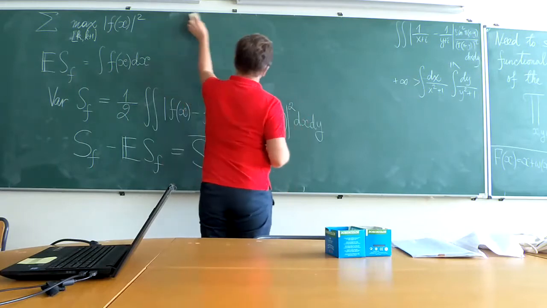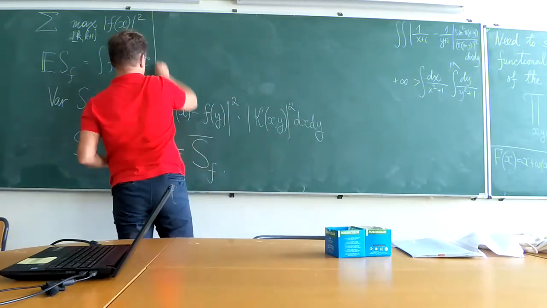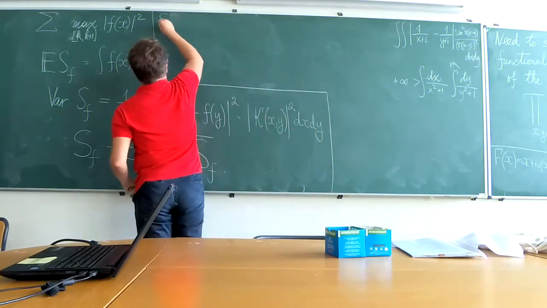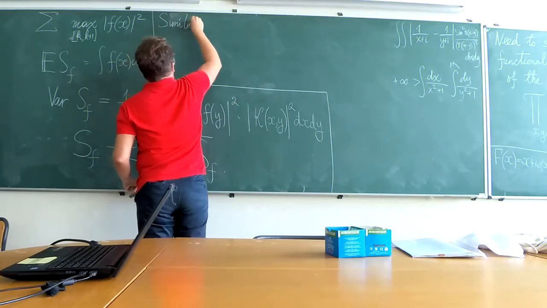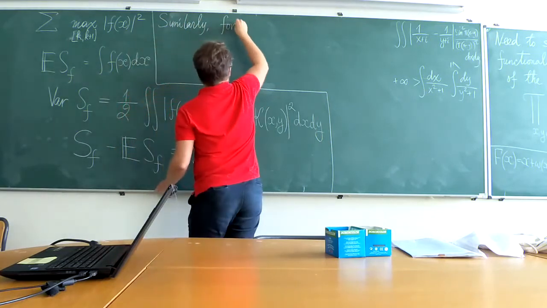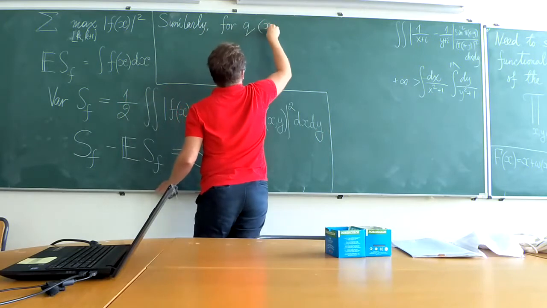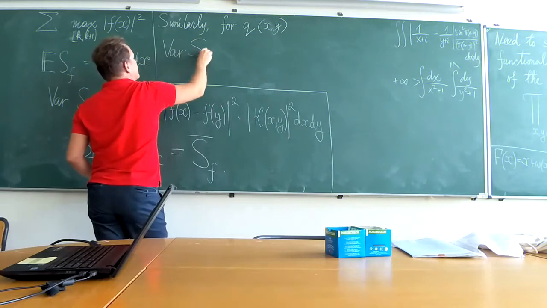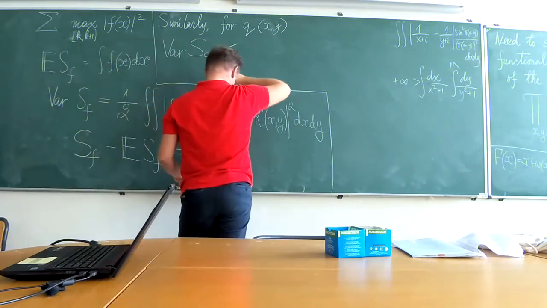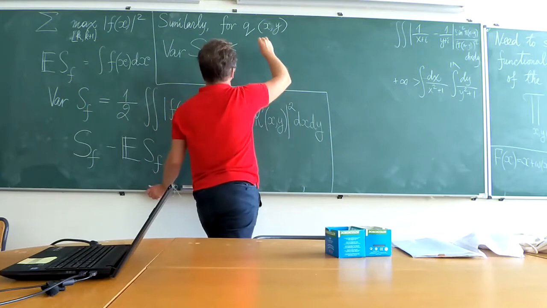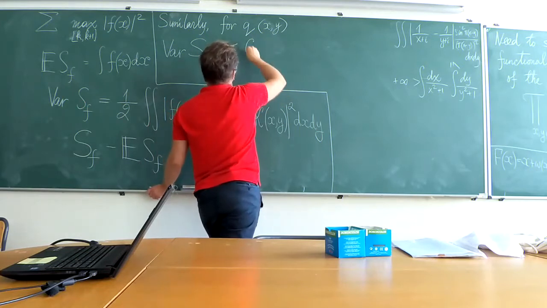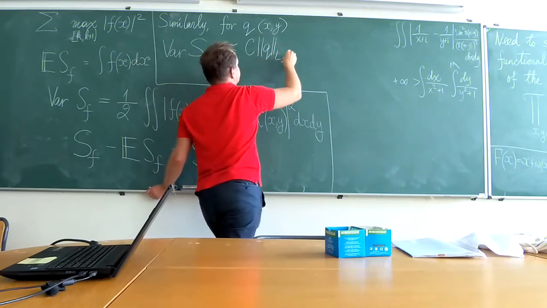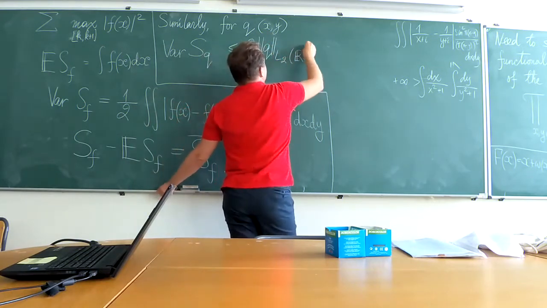The variance of SQ, for a similar u of the variables x and y, is less or equal than the L2 norm of u. But this is not enough.